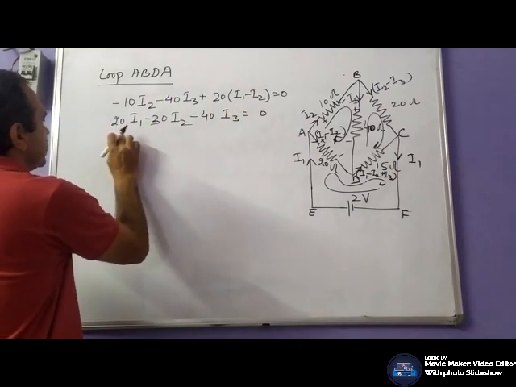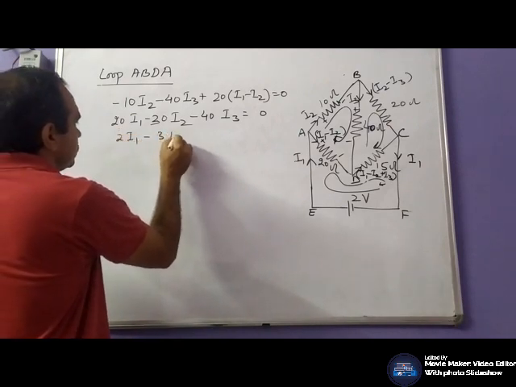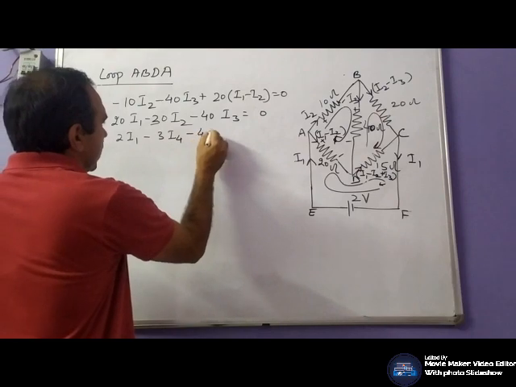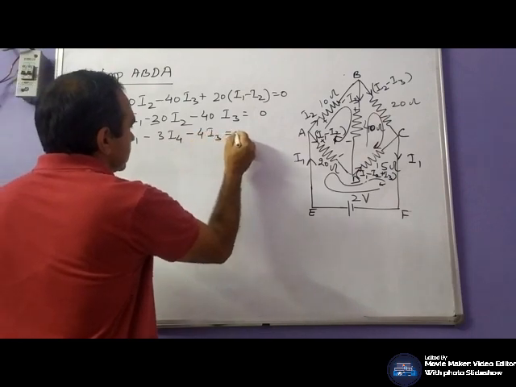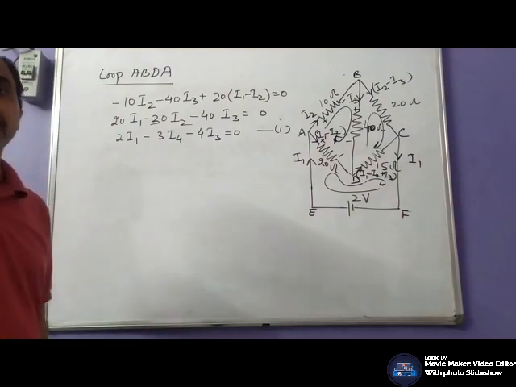Or we can say 2 I1 minus 3 I2 minus 4 I3 is equal to 0. Let this be equation number 1.